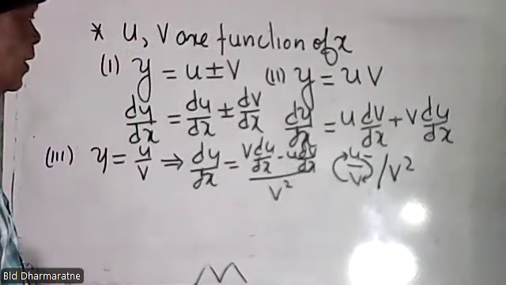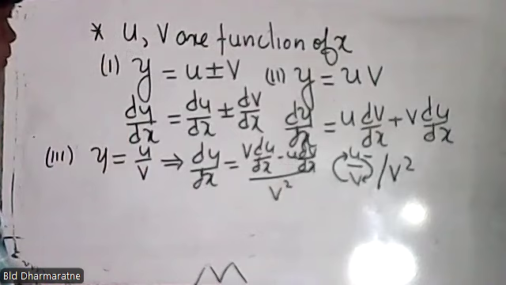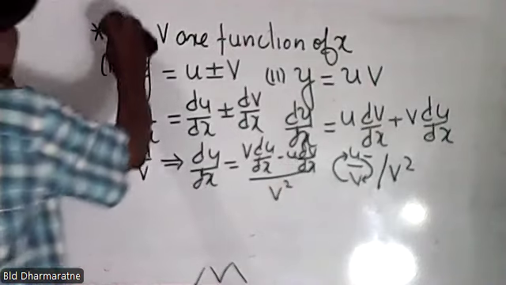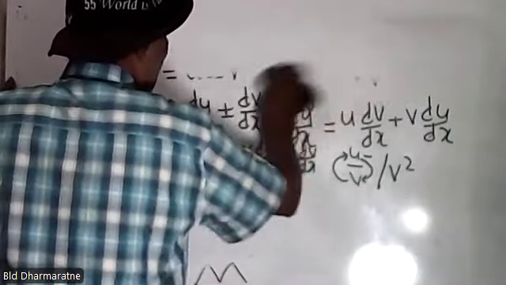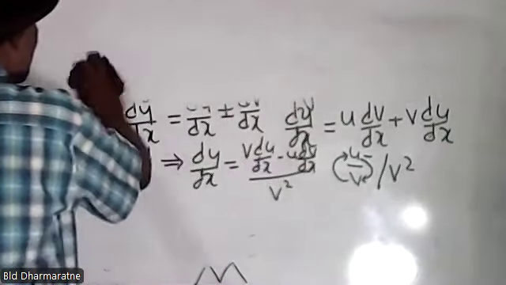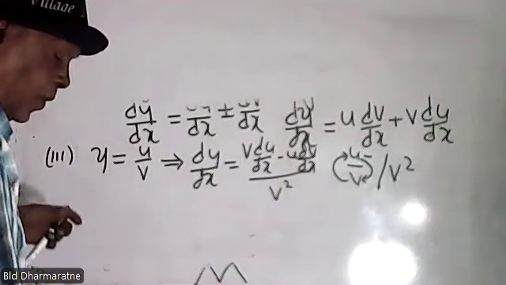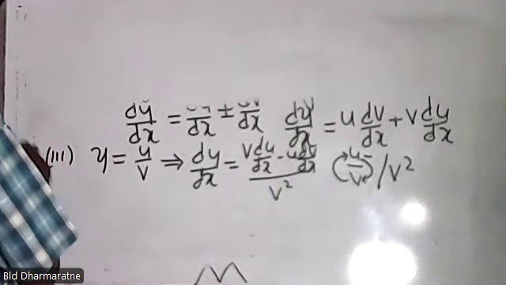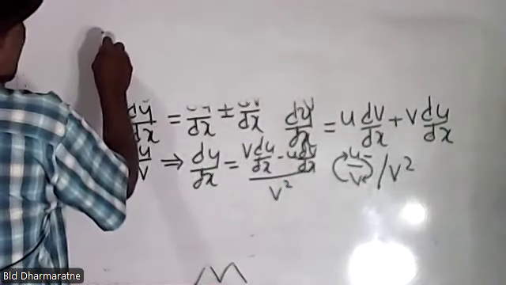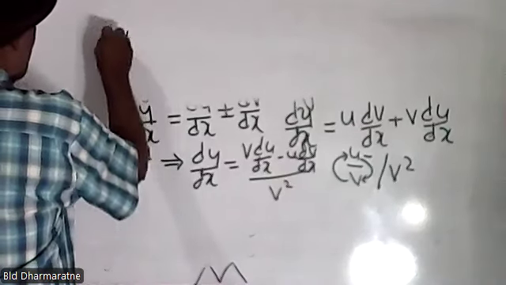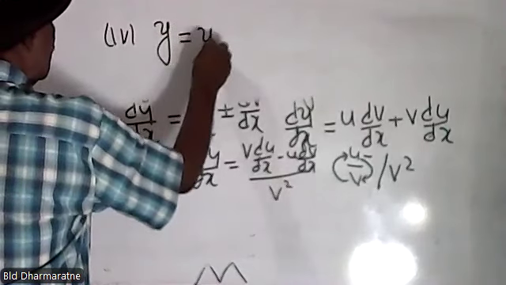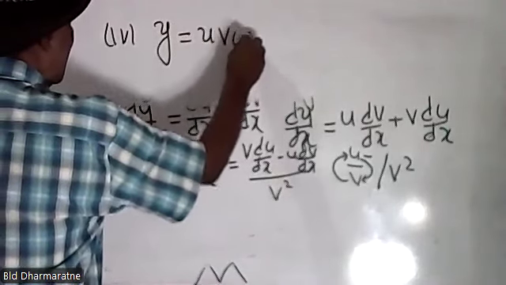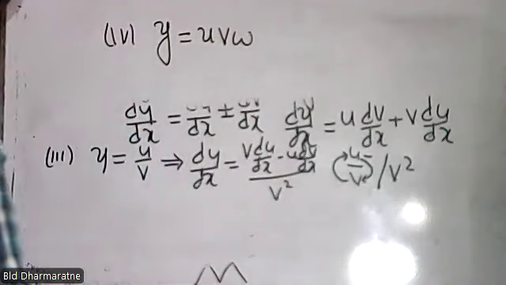Now another one, with three functions. Theorem number 4: y equals uvw, where w is also a function of x.